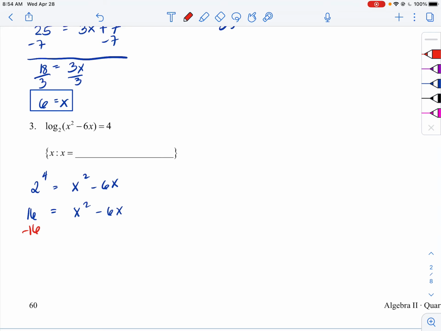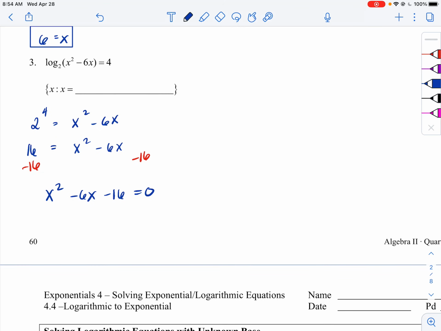So we need to move the 16 onto the other side. So we have x squared minus 6x minus 16 equals 0. And this looks factorable. x minus 8 and x plus 2 equals 0.